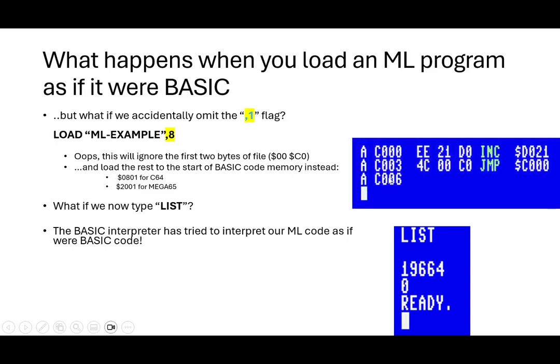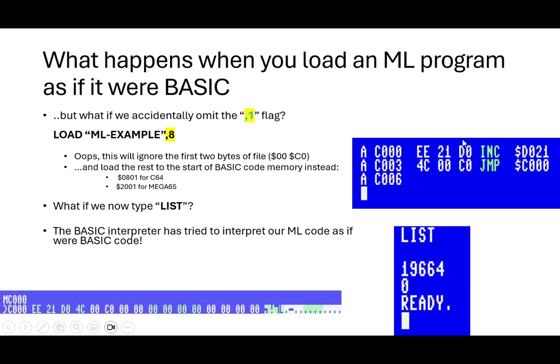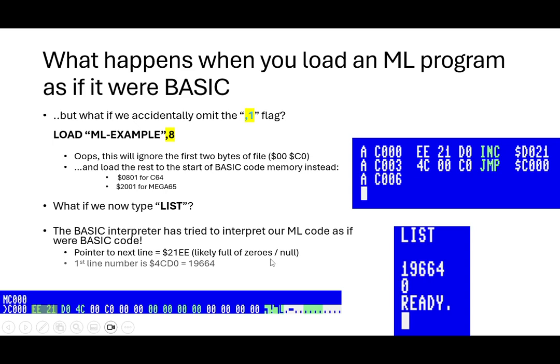Instead, we've put our assembly program there. So BASIC sees the bytes that would have been at C000 at this BASIC start and starts interpreting them like they were BASIC code. The first 2 bytes here were meant to be a pointer to the next line, which for our example is probably just full of zeros.